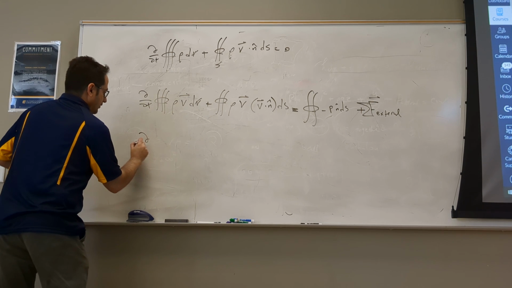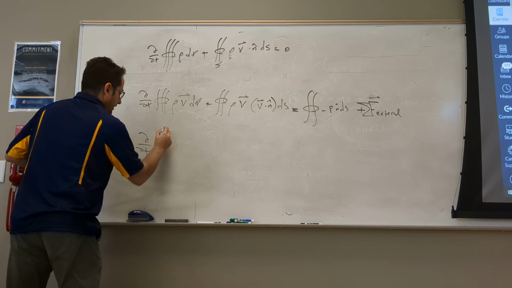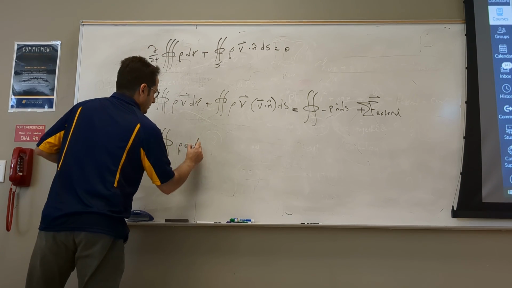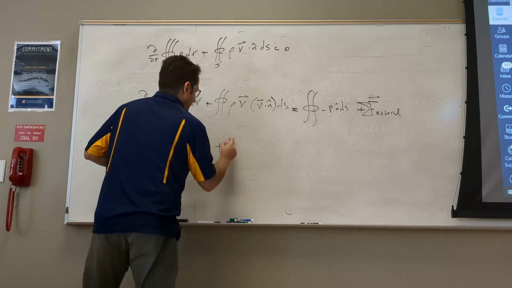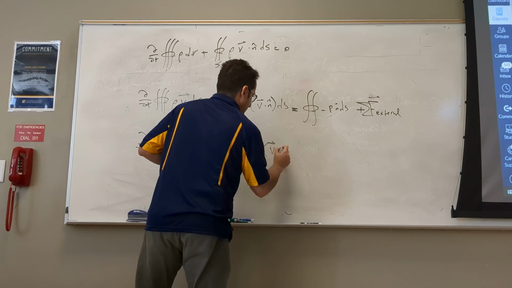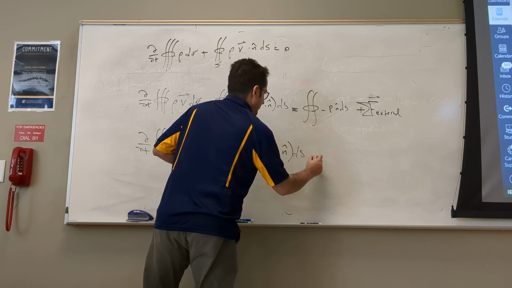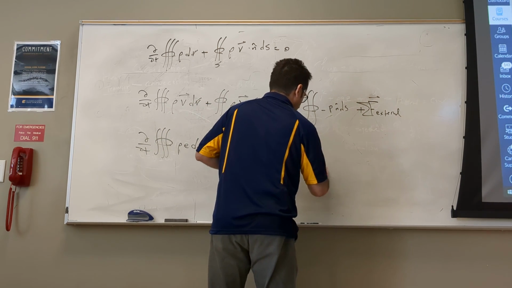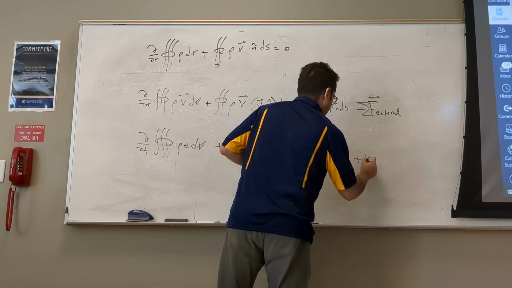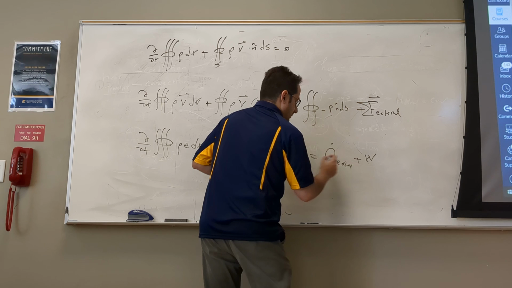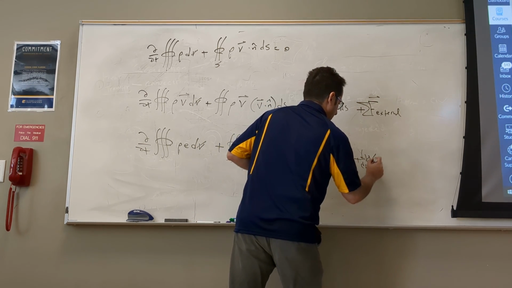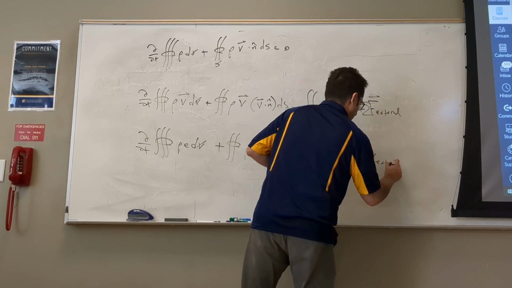And then for energy, you get the integral of rho e dV plus the surface integral of rho e v dot n dS is equal to Q external plus W external.